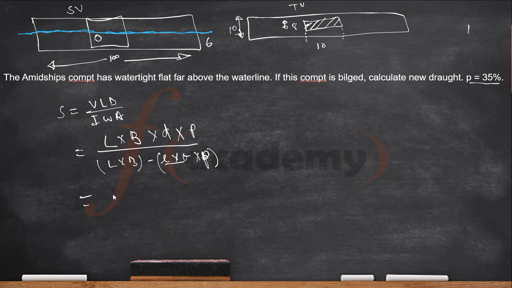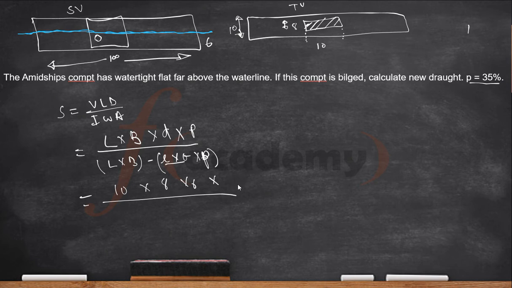On the substitution: length of the compartment, which is 10, times breadth of the compartment, 8, times 6, times your 35%.